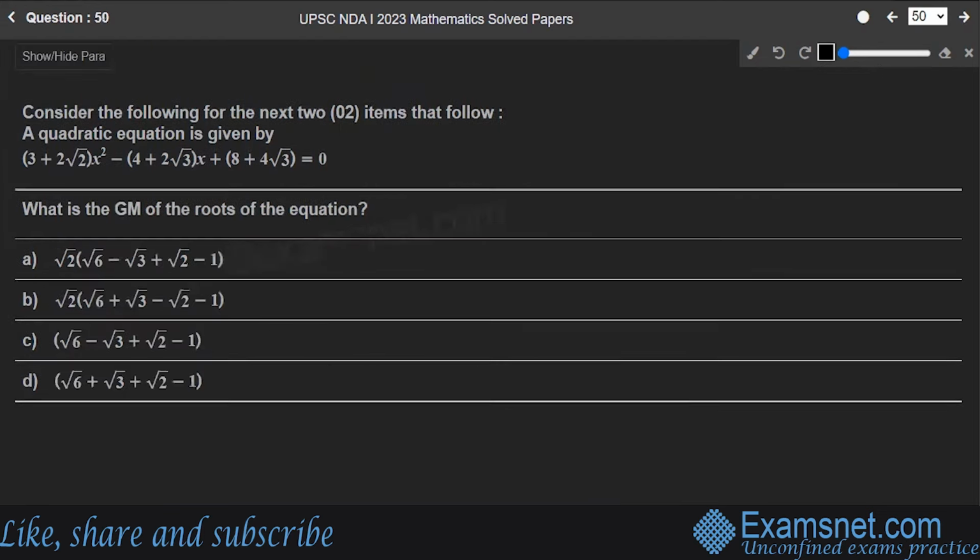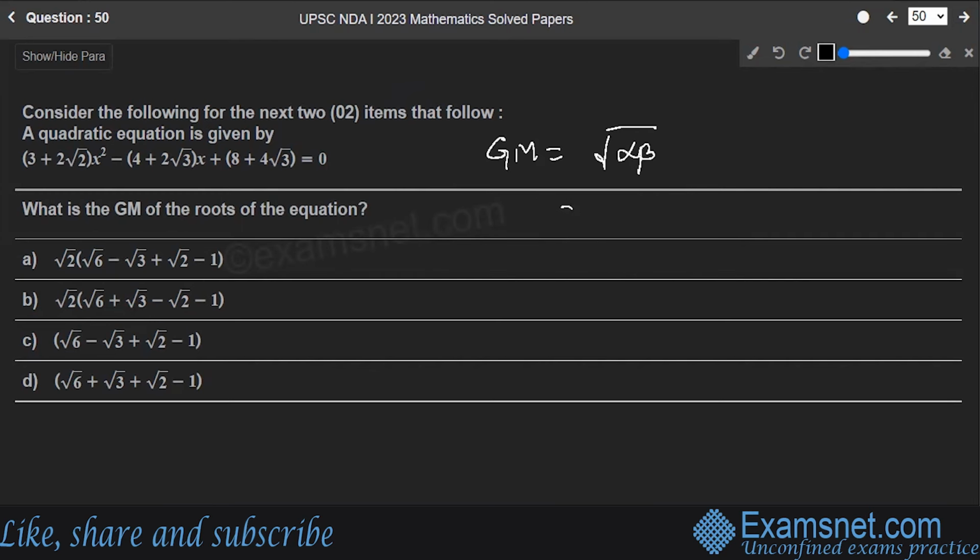Hope you understood. Next is question number 50. Now you have to find out the GM, geometric mean of the roots. To find out the GM, you know the formula, it's the root of the product of the two numbers, which are actually the roots of this equation.